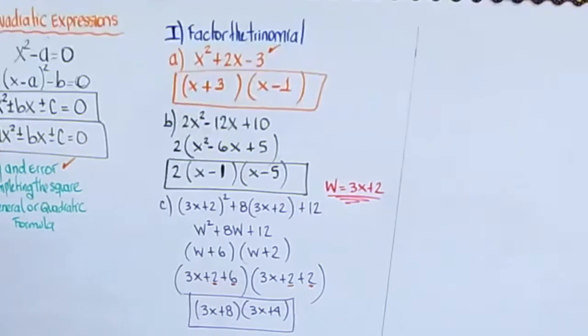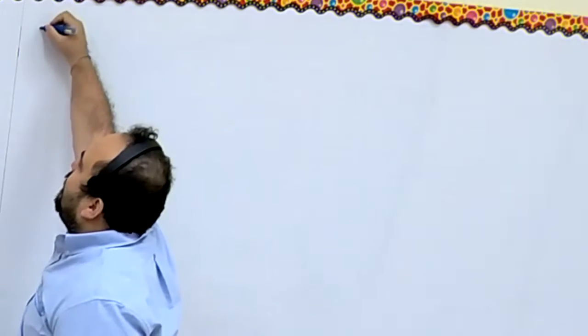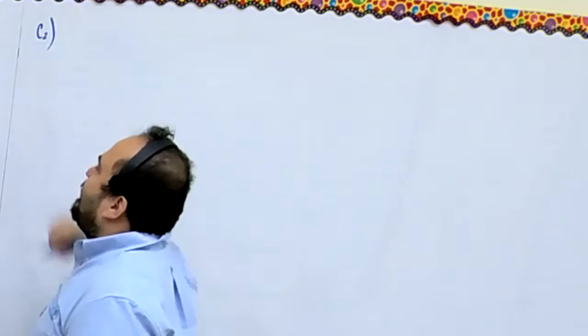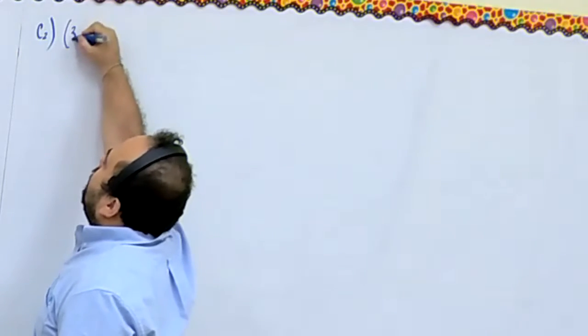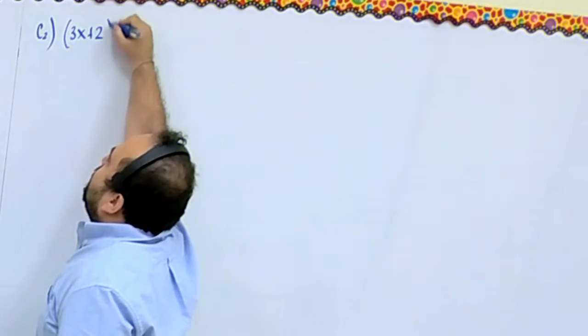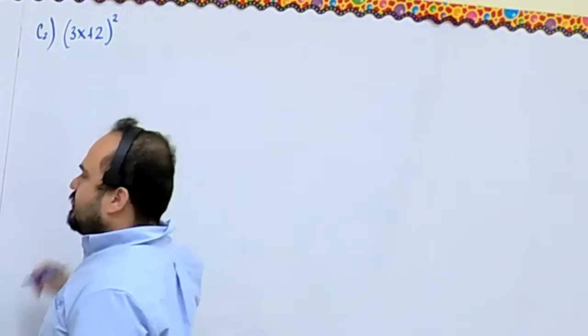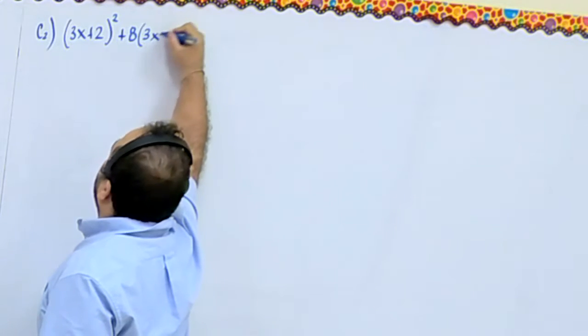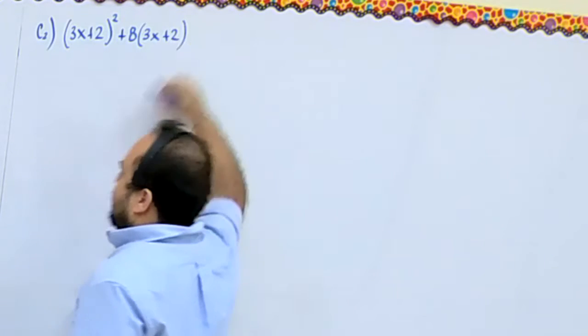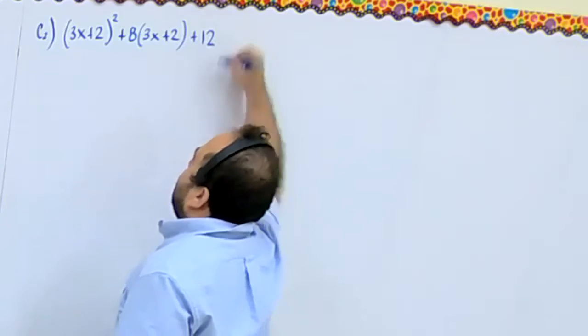Okay, so remember, I will call this one problem number 2. The original expression is 3x plus 2 second power plus 8 parentheses 3x plus 2 and finally plus 12.